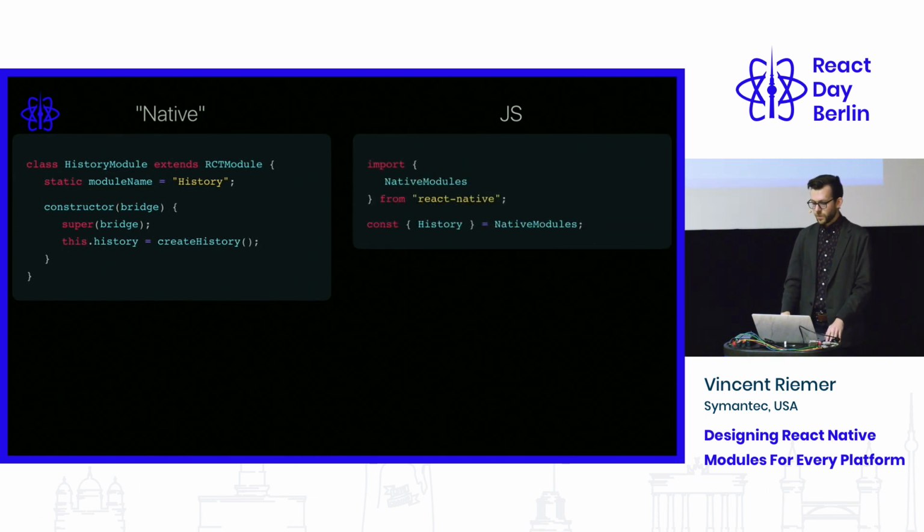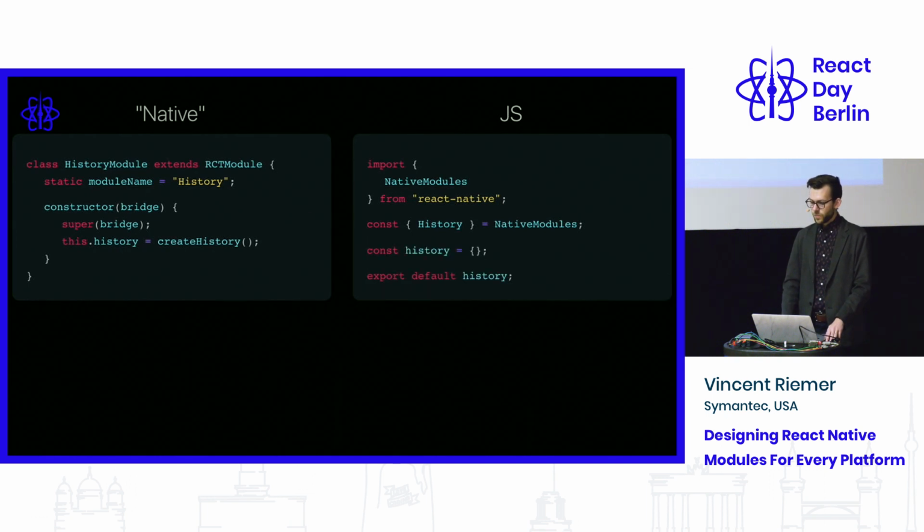In JavaScript, we reference the native modules export from React Native, and history should just be there. And this is the code you would end up running against in your React Native code when you import this history module: just that history object.